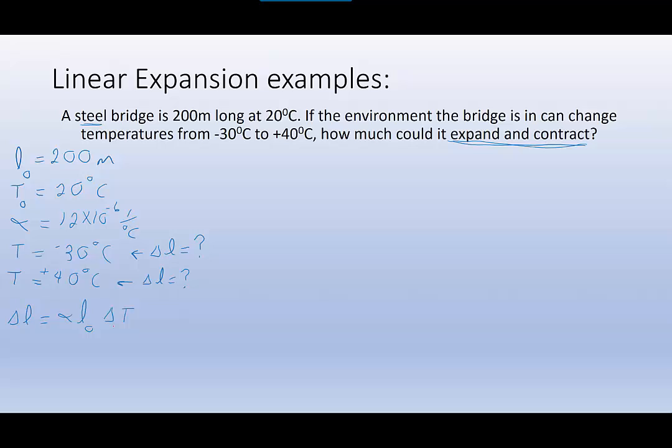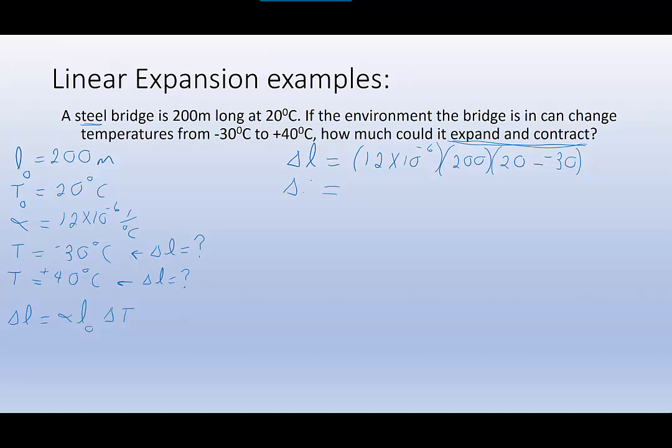So let's do the top one first, when it goes to -30. Delta L is equal to alpha, 12 times 10 to the -6, times L naught, which is 200, times delta T. To get my delta T, I start at 20 degrees and go down to -30, so my difference is 50.